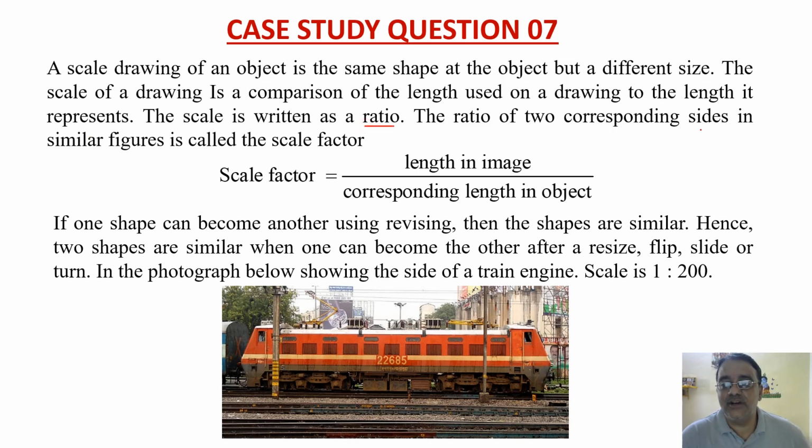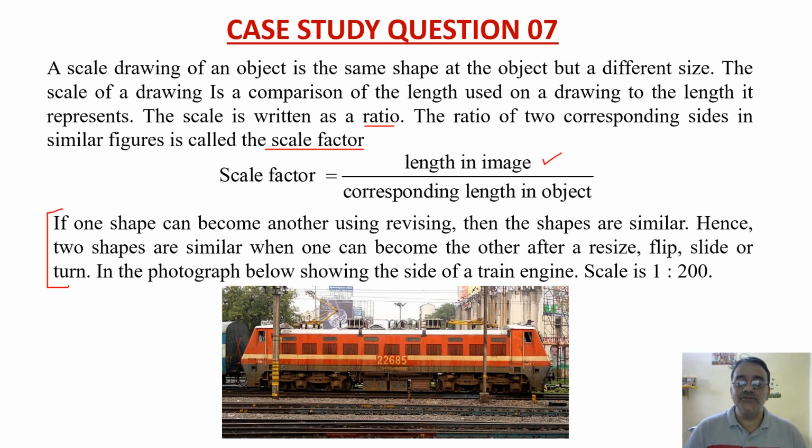The ratio of the two corresponding sides in the similar figure is called the scale factor. So what is the scale factor? Length in image upon corresponding length in object. If one shape can become another using resizing, then the shapes are similar. Hence two shapes are similar when one can become the other after resizing, flipping, sliding or turning.